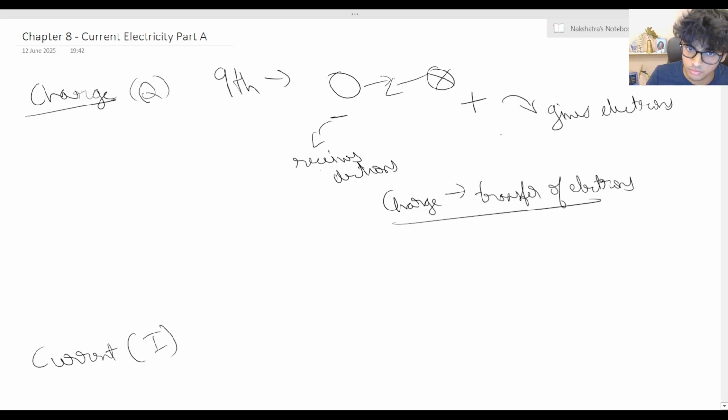Now what we also learned in 9th grade is that two positively charged bodies will repel each other, and two unlike charges will attract each other. Very simple concept.